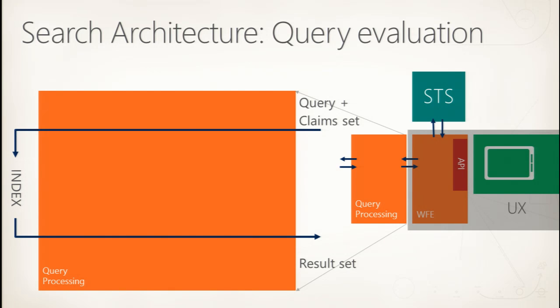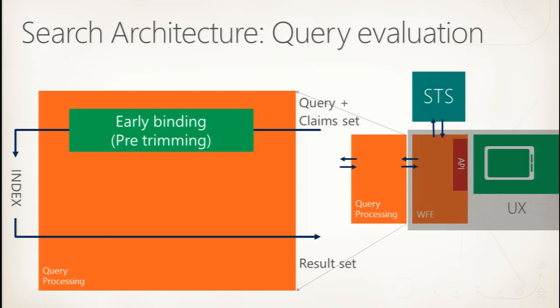Sounds simple enough. So what if we then have a custom source, an outside source, be it Documentum or whatever? Let's assume, just for the sake of the example, that we have a custom connector using BCS. We have been using the BCS capability of augmenting the claims. That means we can use pre-trimming, early binding. So what happens then? When the query comes in, we have the query terms, we have the claim set from STS.